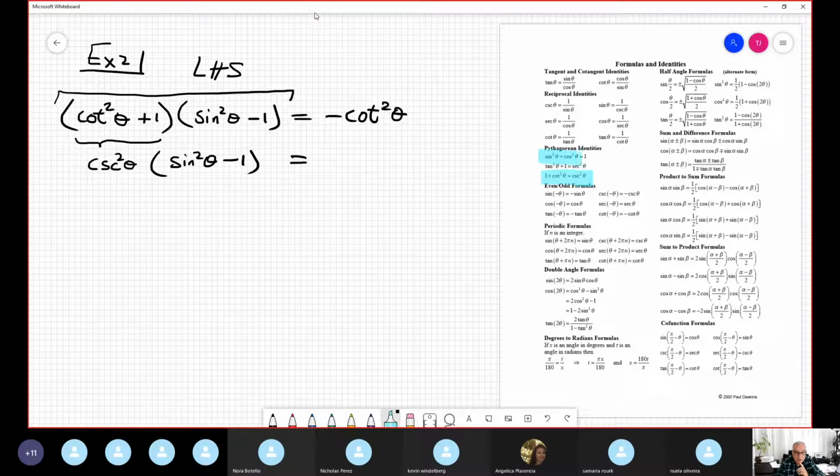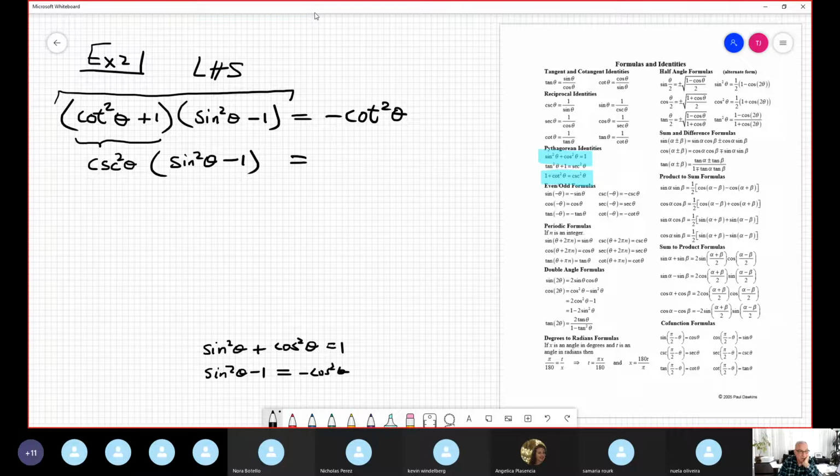Now, one more time, I'm using this famous identity. Let me manipulate it, not here, but in one corner of the piece of paper. Sine square theta plus cosine square theta equals 1. Therefore, look, sine square theta minus 1, I move the 1 to the other side, is equal to minus cosine square theta.